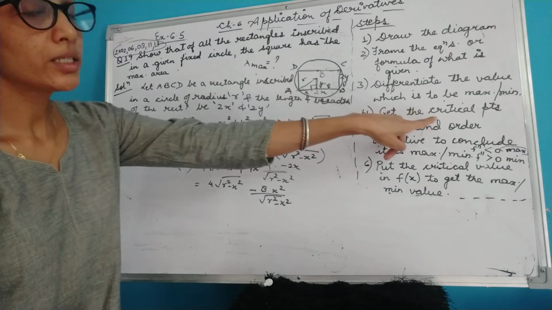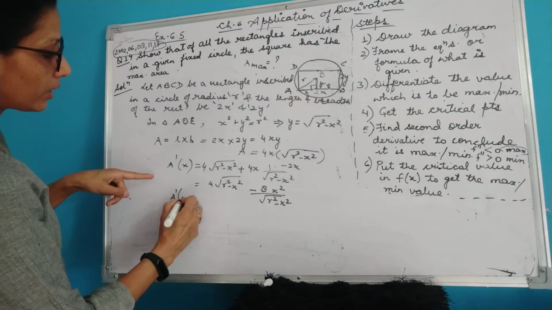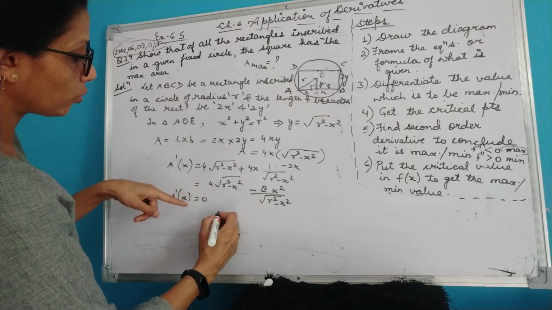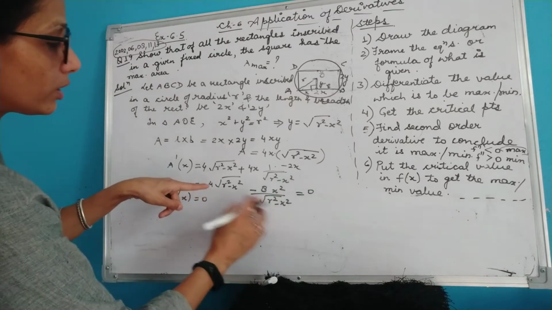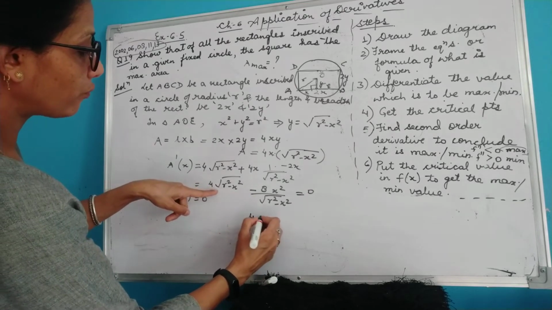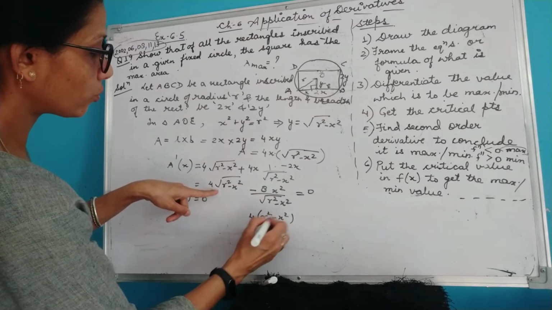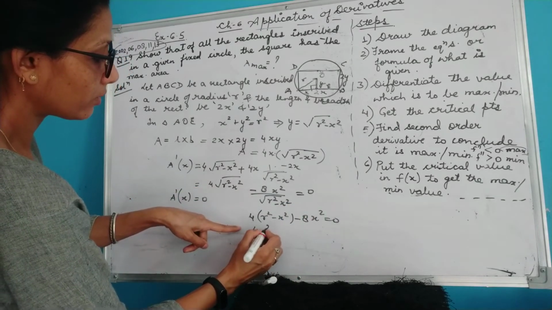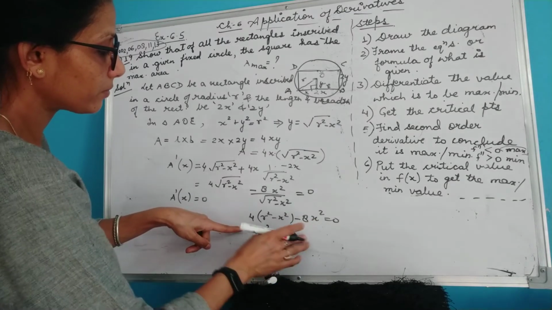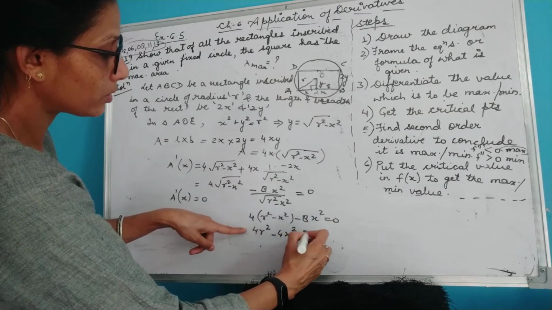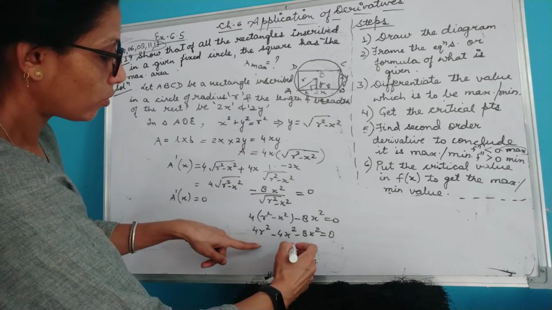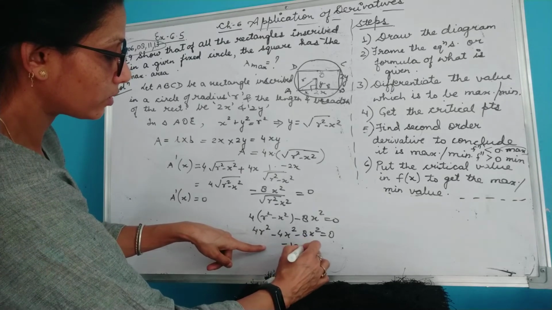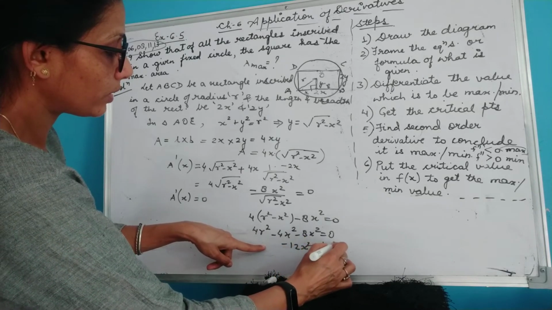Now get the critical points by making A dash x equal to 0. Make it equal to 0, take the LCM, so you will get 4 into r square minus x square minus 8x square equal to 0, or I can get 4r square minus 4x square minus 8x square equal to 0, which is minus 12x square plus 4r square equal to 0.